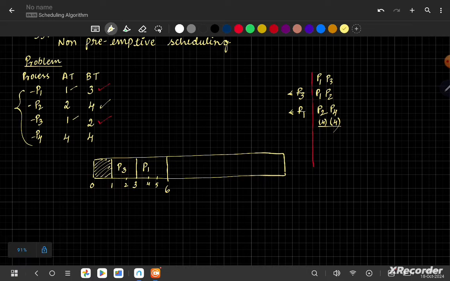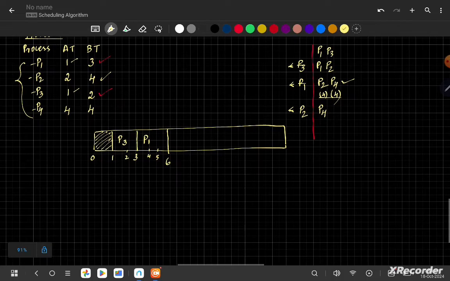If you see this order, P2 came first. So P2 will go here and P4 later. So we'll be giving the CPU to P2 first and it completes the task for 4 milliseconds, 10, and the next one is P4. P4 completes the task at 14 milliseconds.